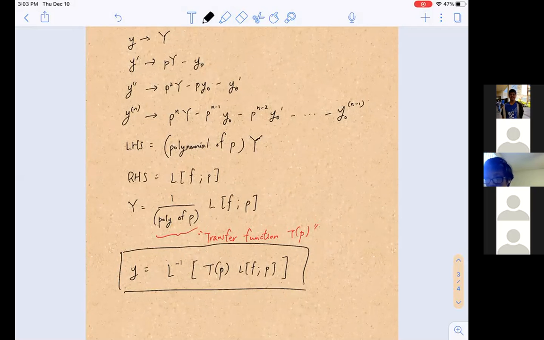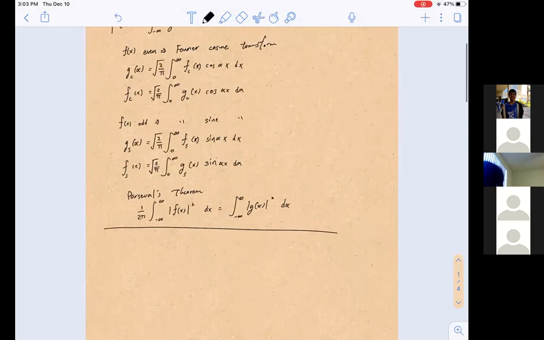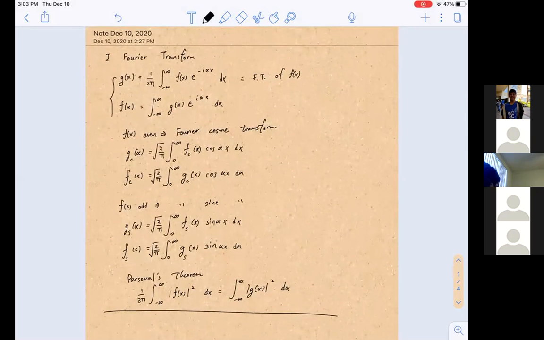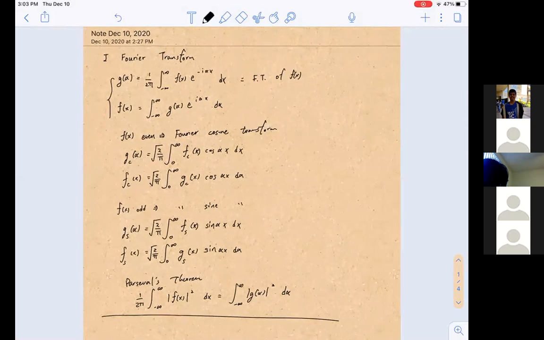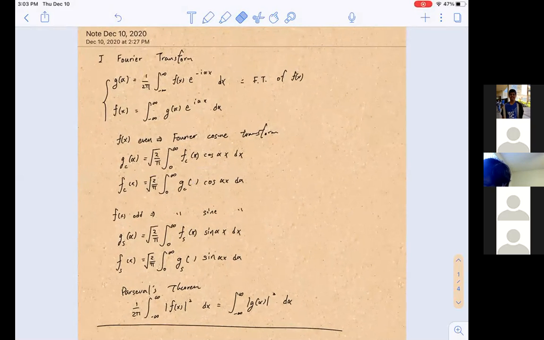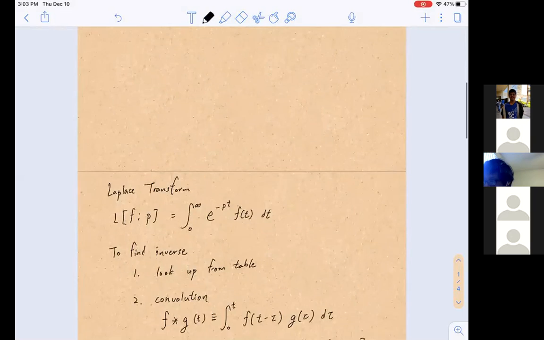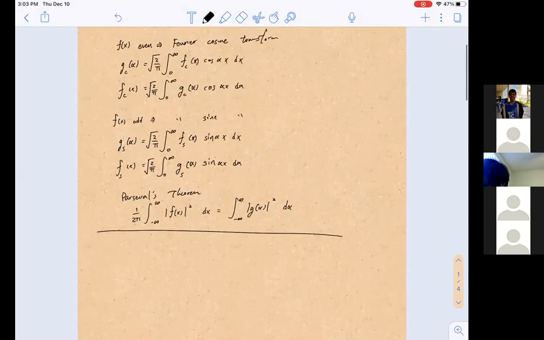Okay, so I think there's a typo in the Fourier sine and cosine transforms. Should it say g of alpha? Yes, it should say g of alpha. I'm going to upload this note at the end, so it's good to get every little detail correct.